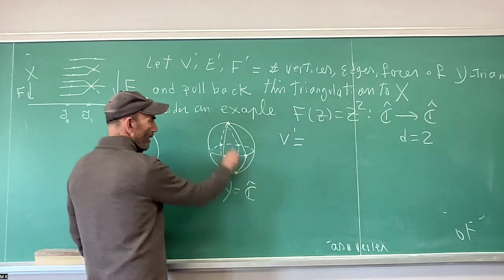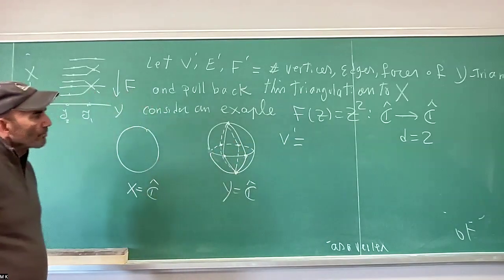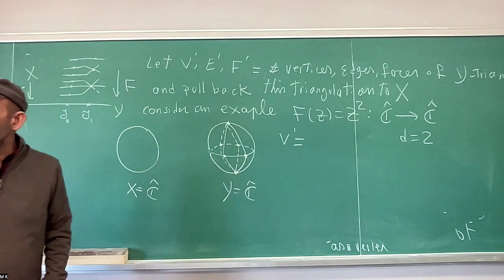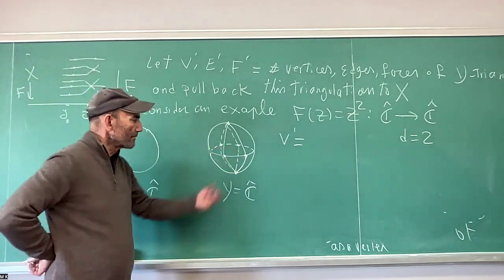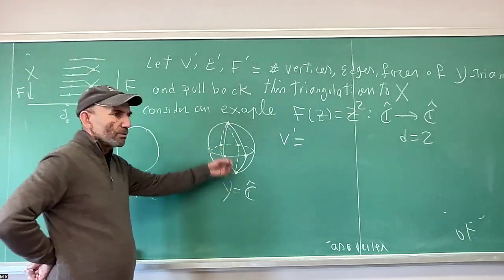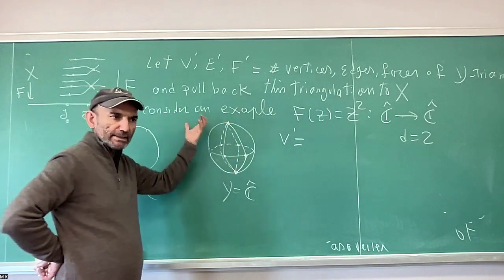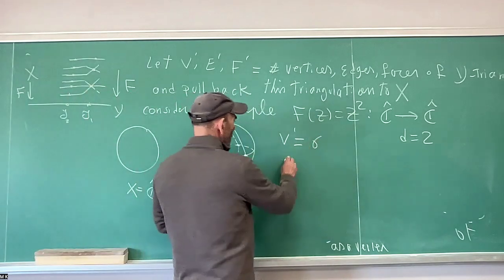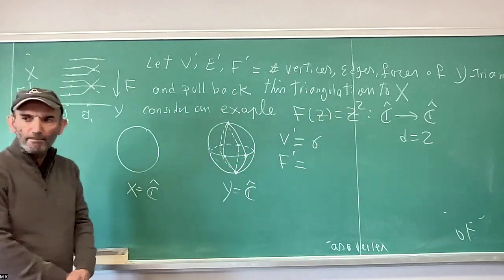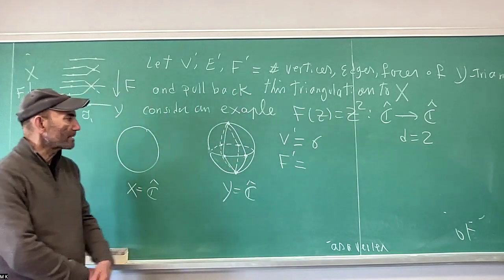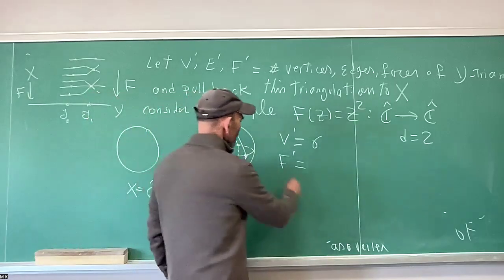Here is a vertex, here is a vertex, and I have 4 vertices here as well. 1 and 1 is 2, and plus 4, I've got 6 vertices. How many faces do I have? We have 4 down and 4 upstairs, 8 faces altogether.